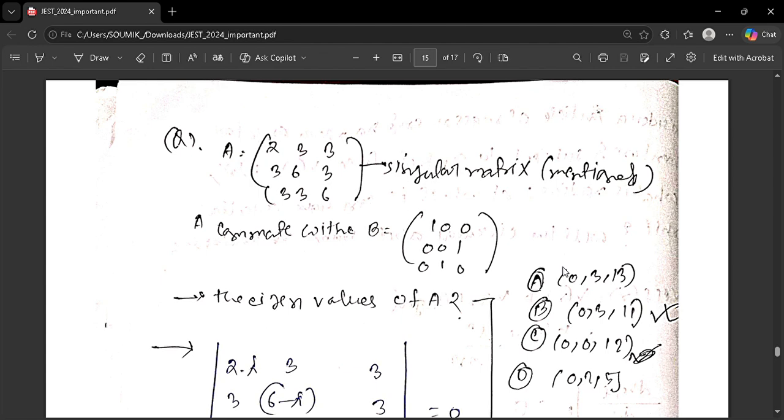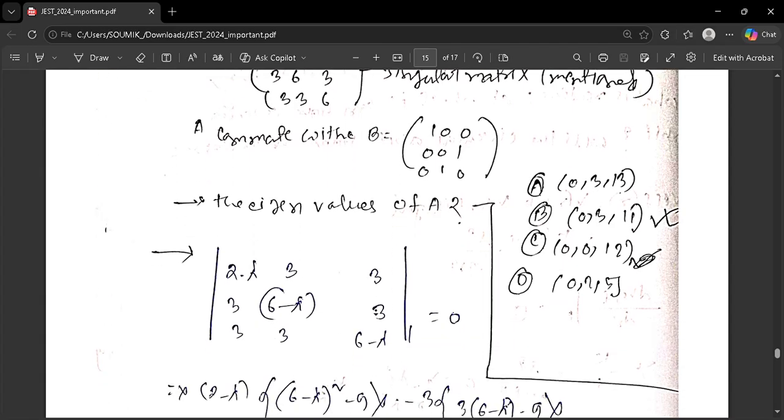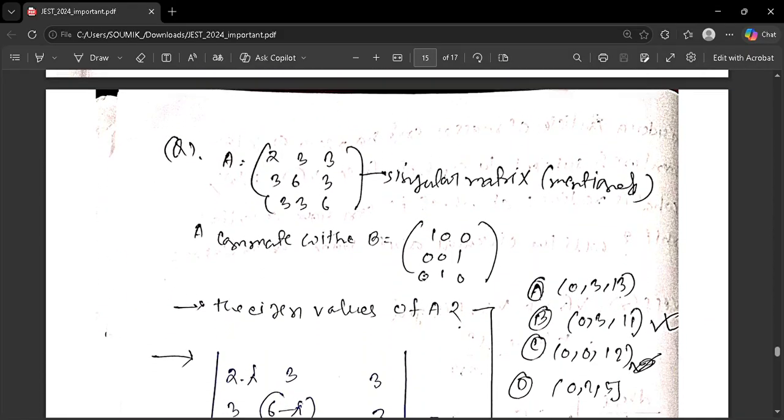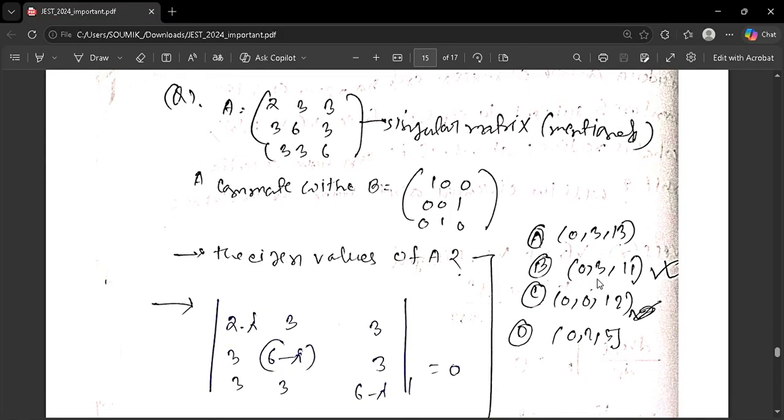Firstly I blindly tried to solve for the eigenvalues of A. But then I noticed from the options that when I add the eigenvalues, the second option, B, gives a sum of 14.